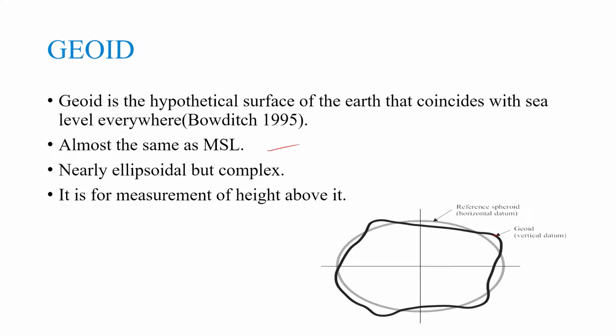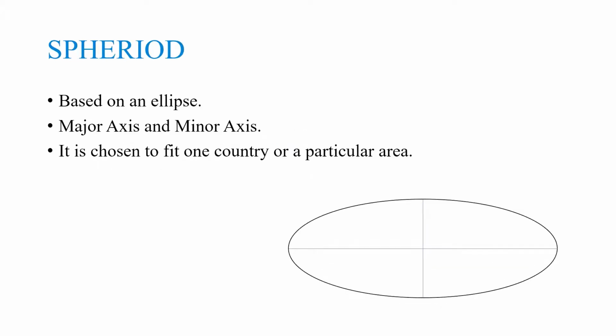Okay. Next, we come to the spheroid. It is totally based on an ellipse. There is a major axis and a minor axis. This long axis from here to here is known as the major axis, and a part of this portion is known as the semi-major axis, and this to this is known as the minor axis, but the part of this is known as the semi-minor axis.